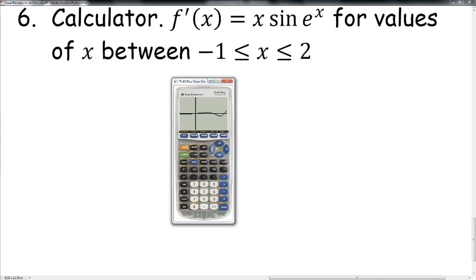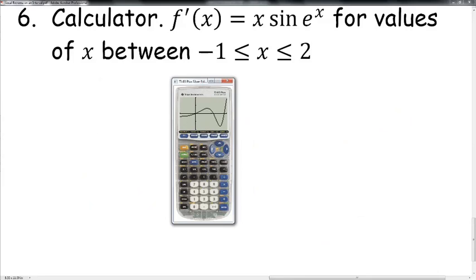And I'm going to go ahead and zoom in. So y min, let's say -2, y max, let's say 2. There we go. And so we want to find, remember, our x-intercepts are going to be where I have local extrema.